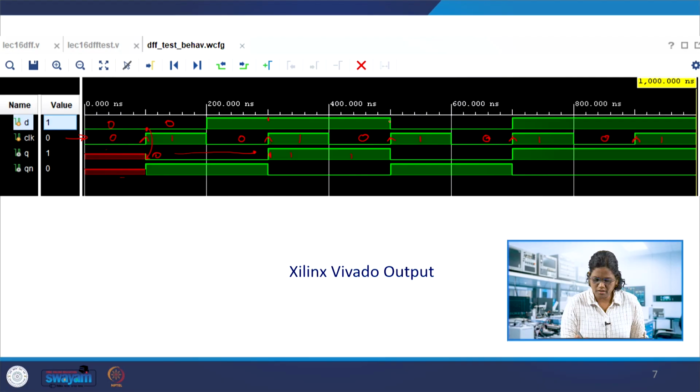Then the data changes to 0 here. At this clock edge it is 0, so Q becomes 0 over here. Similarly the data changes over here to 1. But actually we should not be changing the data at the clock edge, here as well as here.